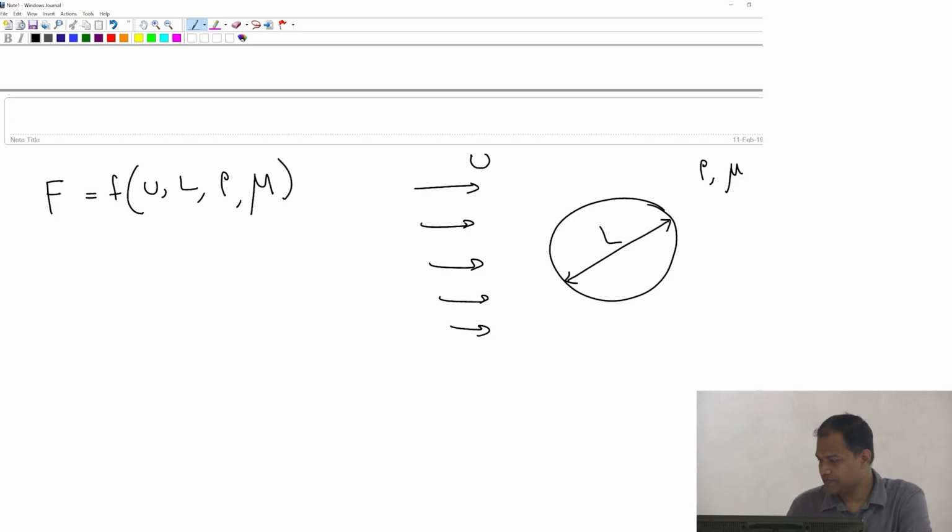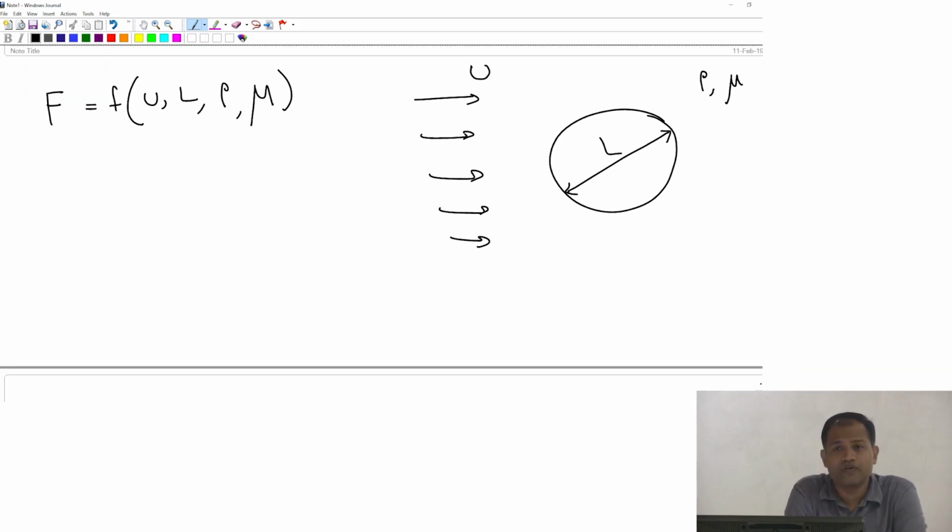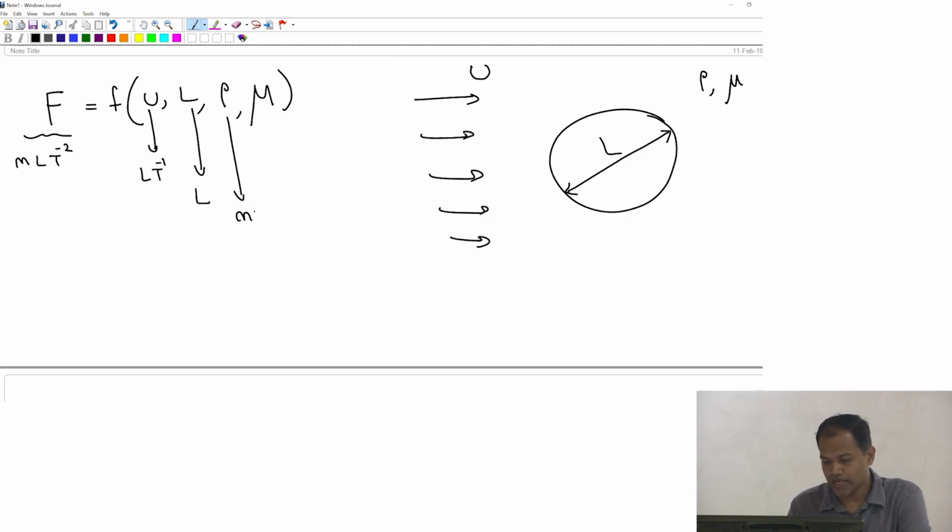And we said we have identified now 5 different variables and we will write down the dimensions of each of them. So force has the dimensions of mass, length, t to the power minus 2, u is L, t to the power minus 1, L is L, rho is m, L to the power minus 3, mu is m, L inverse, T inverse.